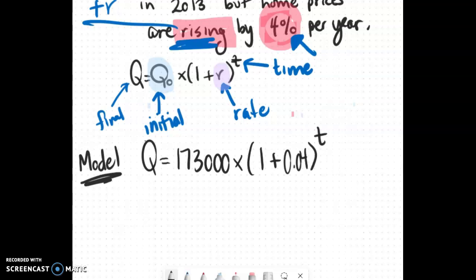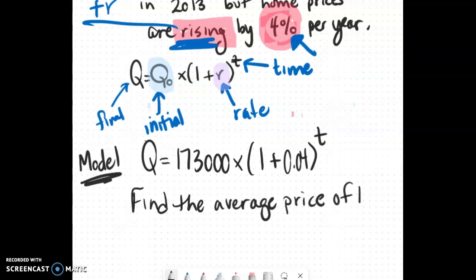They have a table to fill in. But let's just say it said, find the average price of a home in 5 years.